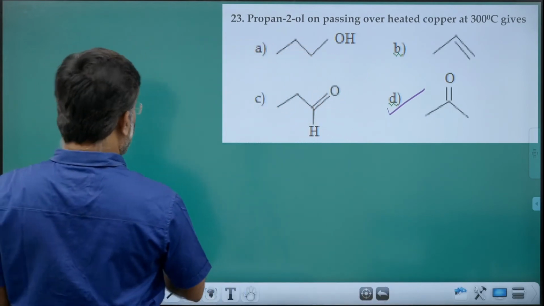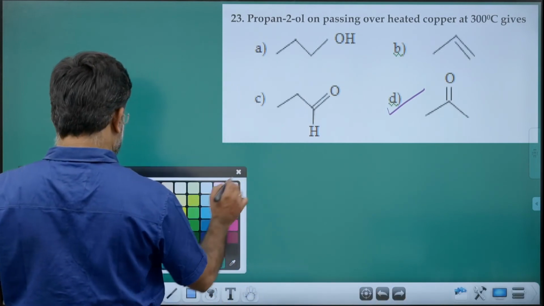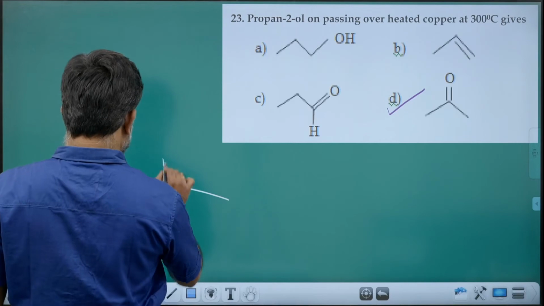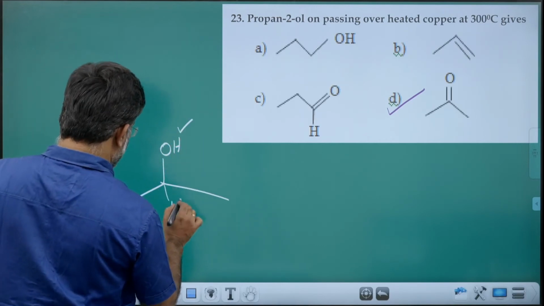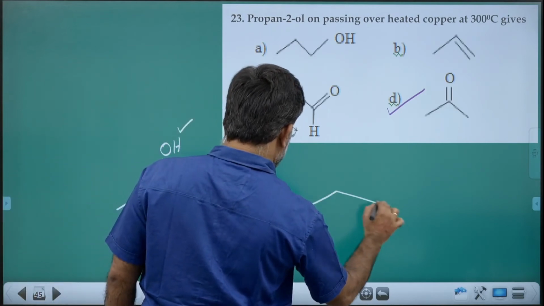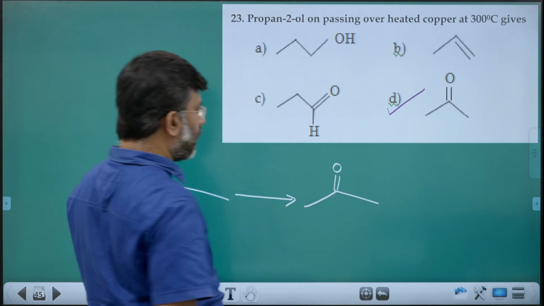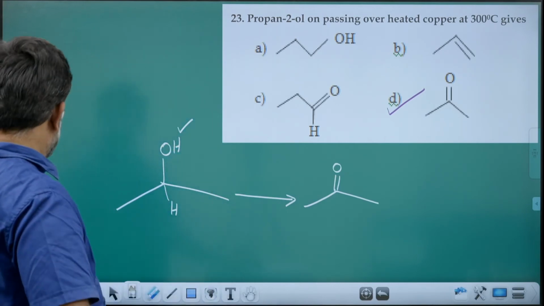This is propan-2-ol. This hydrogen and the hydrogen from here, these two will be eliminated and it will be converted to propanone. Okay. Next.